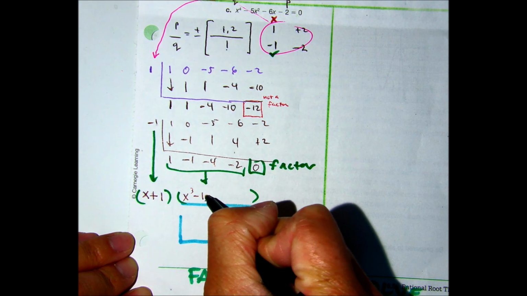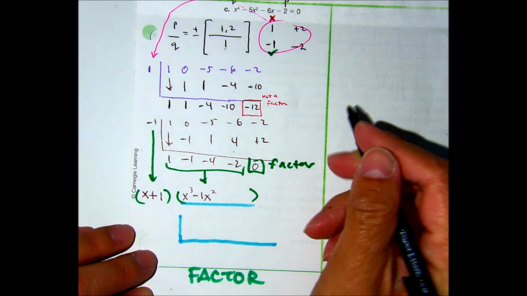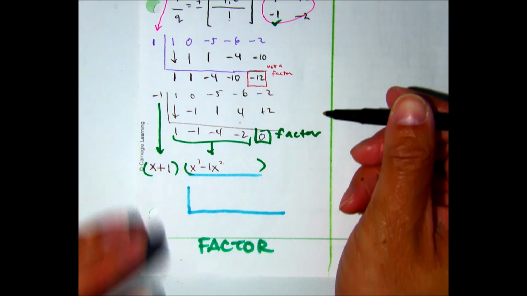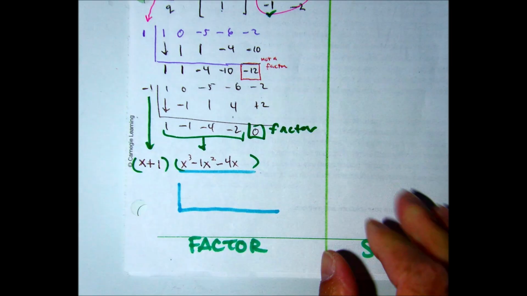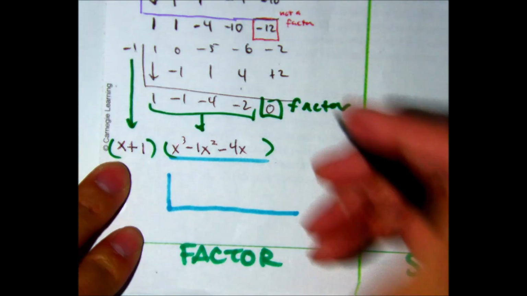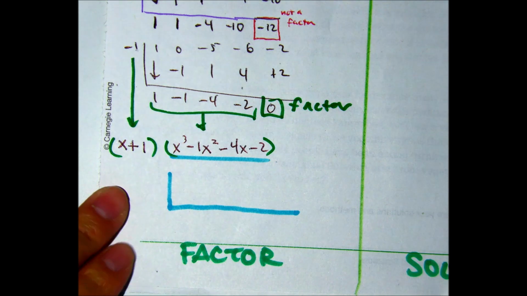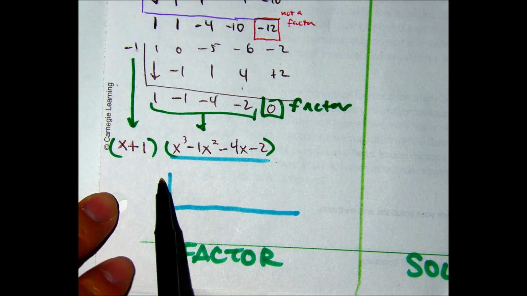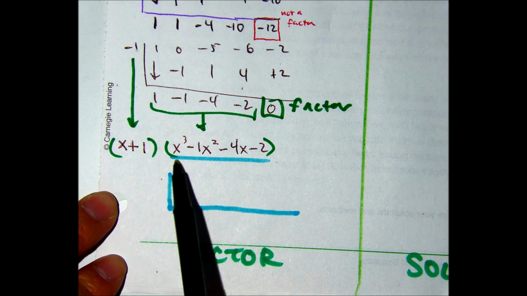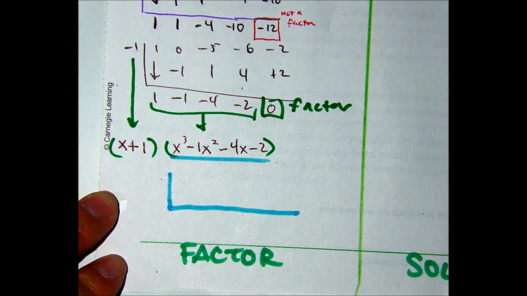X squared -2. Okay? Brenda, what number did you test? Because I can't factor this by grouping.